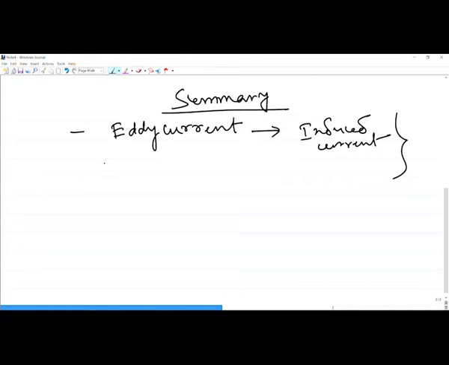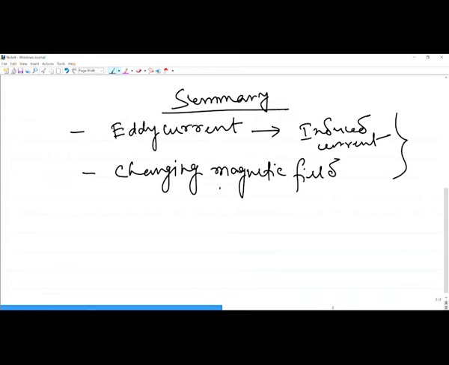The source for this eddy current, as we discussed today, is a changing magnetic field which comes from a changing or alternating current.